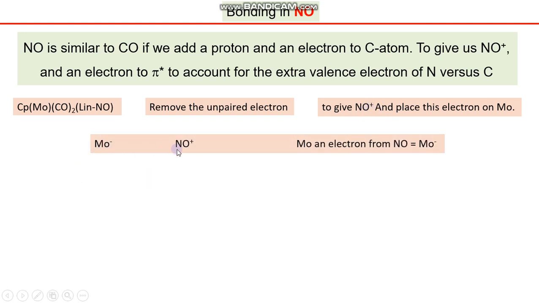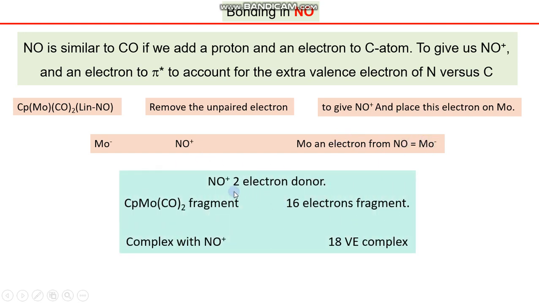Now this molybdenum negative and nitrosyl positive react with each other, and this we have already done, that we have placed the electron from nitrosyl on the metal center. Now nitrosyl, when it is positively charged, is a two electron donor. And when it is a two electron donor, look at this complex and count all electrons around the metal center, particularly valence electrons.